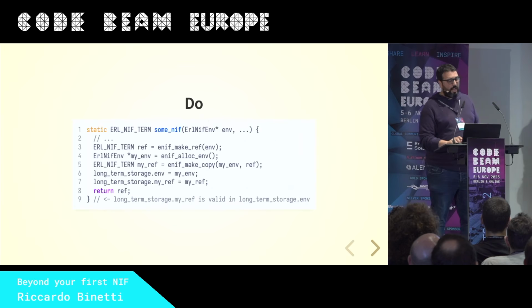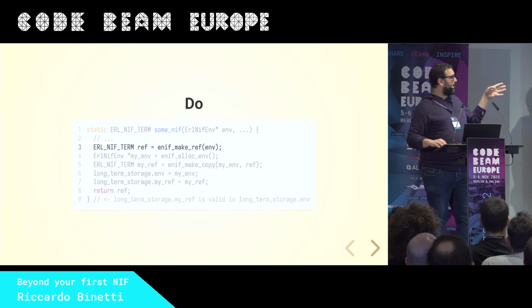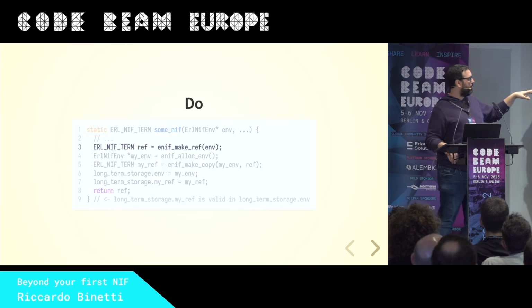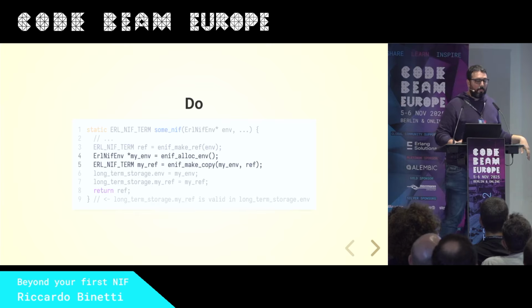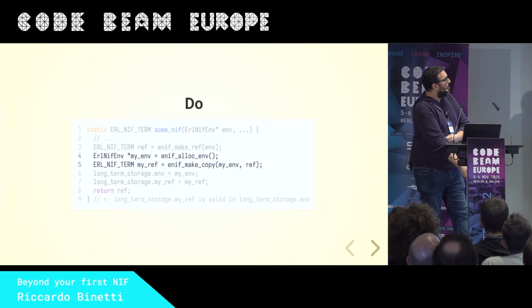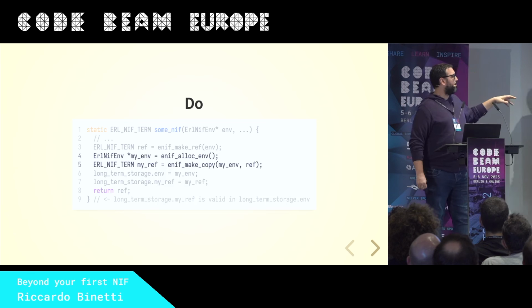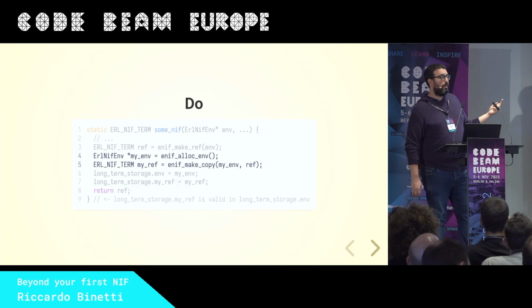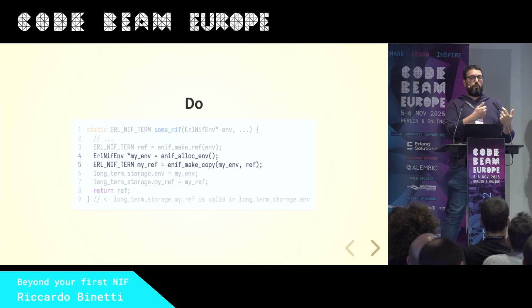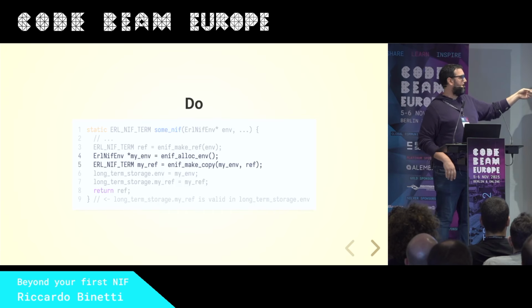So what you have to do instead is, if you want to do something similar, you still create your ref in the context of the process-bound environment. But then if you want to persist it, you have to create another environment, which is now a process-independent environment, and call enif_make_copy, which creates another term that lives inside the environment passed as the first argument.